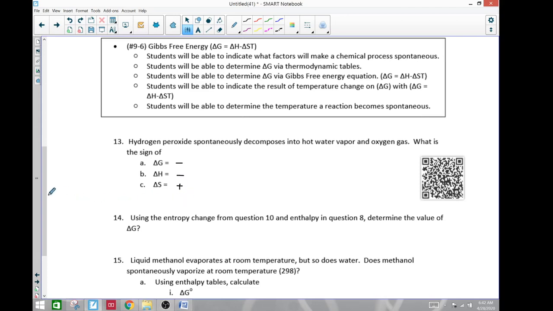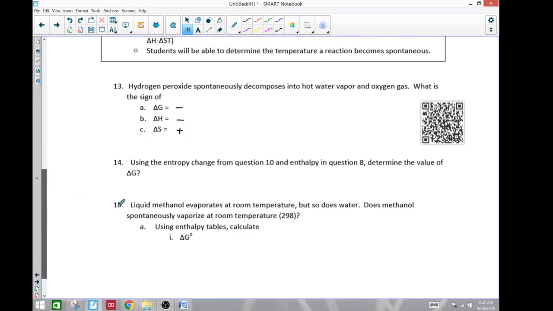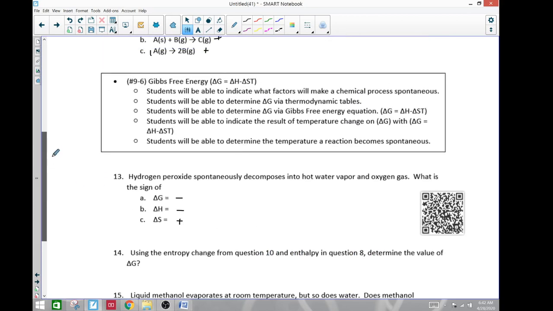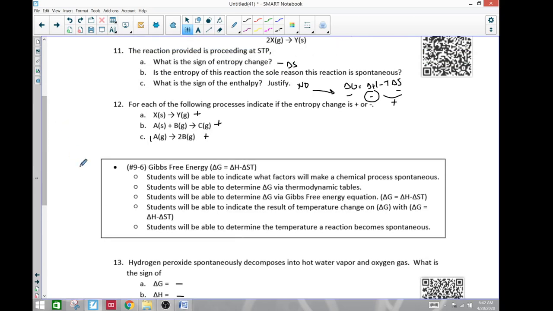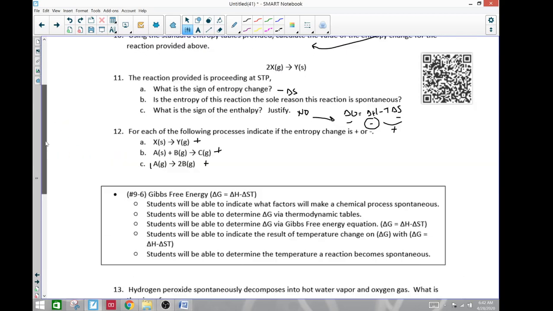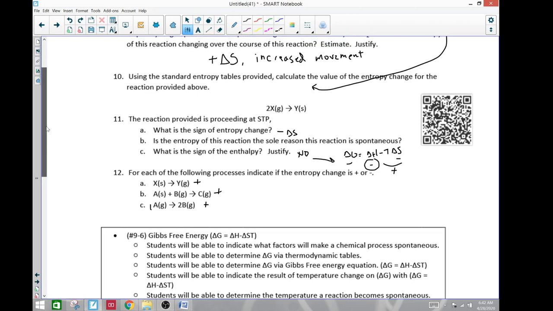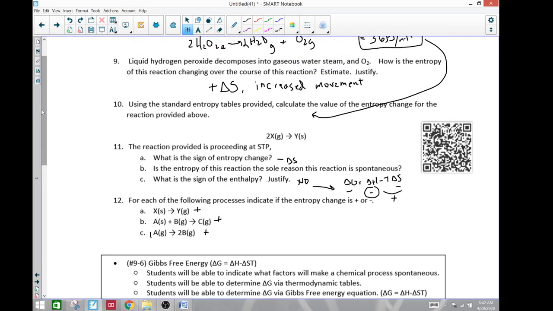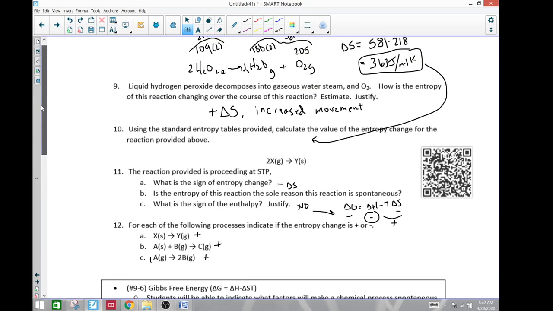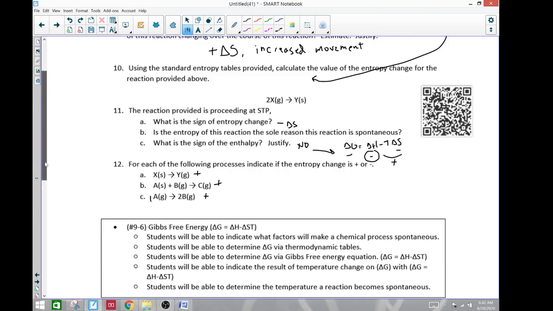All right, using the entropy change in question 10 and the entropy change in 8, determine the value of delta G. All right, so let's just get these values here quickly. So the entropy change up here was, all right, here, almost got it, was positive 363.